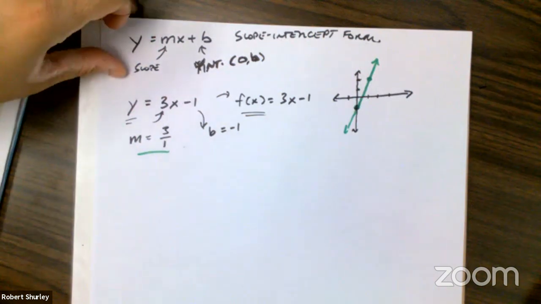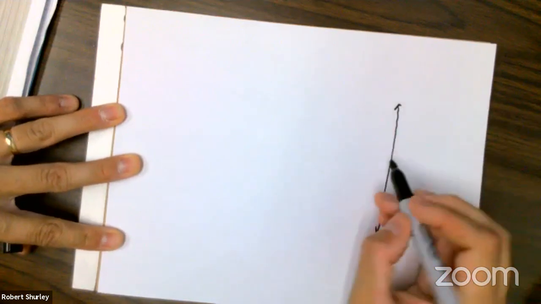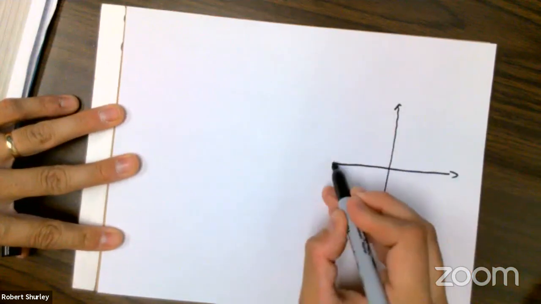Let's go over a few of these that kind of look different, but they're not. And actually, I'm going to use a new piece of paper because I'm going to give a few different examples that you might see that we need to just know how to graph. So let's say we had, we'll do a bigger graph over here because I'm going to put a lot of lines on it.